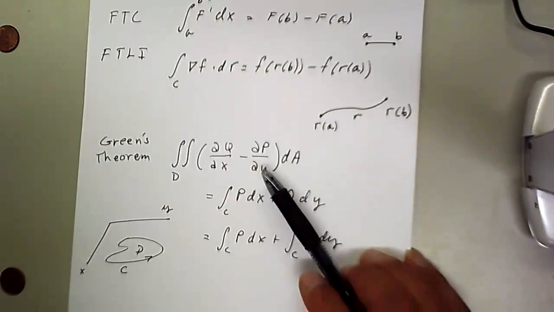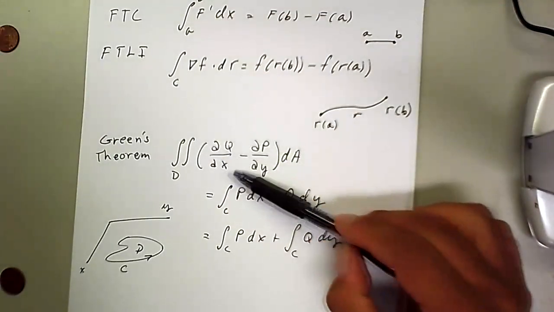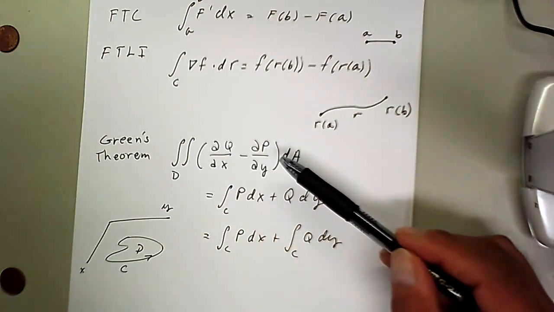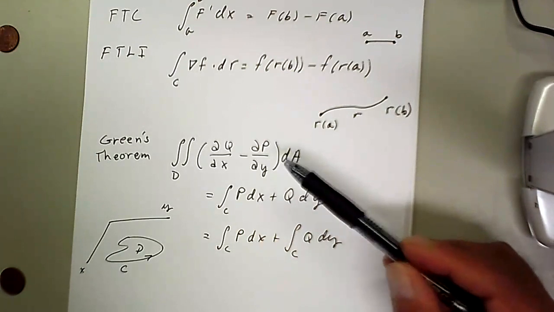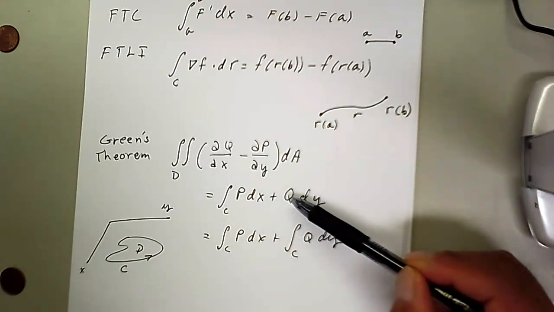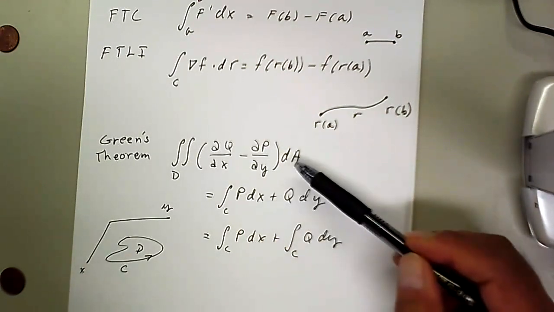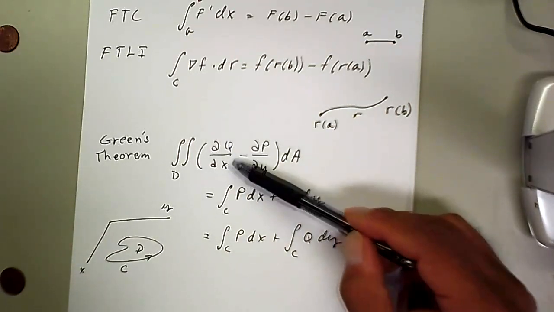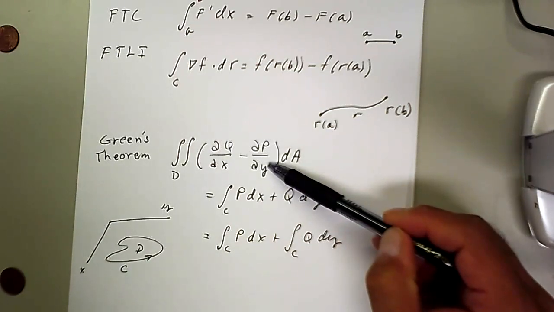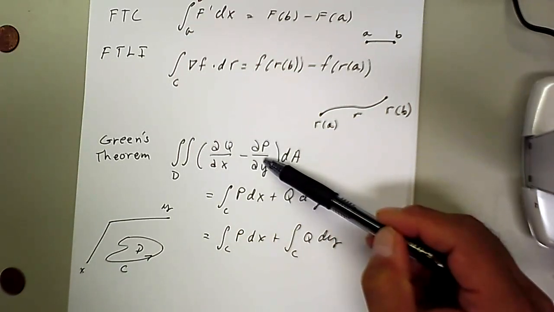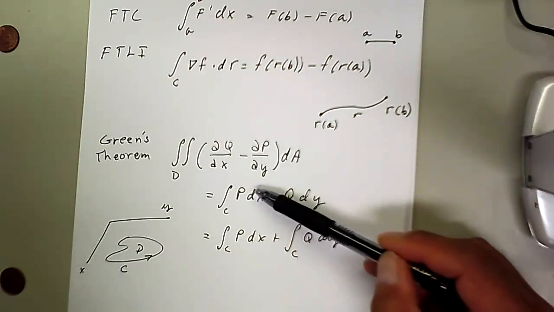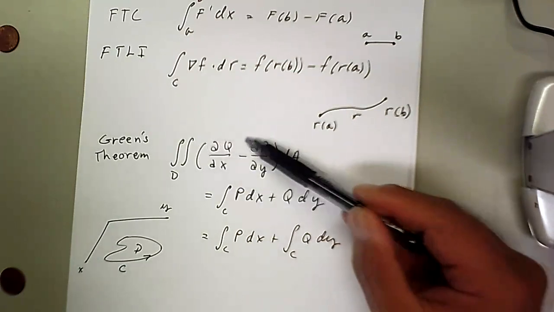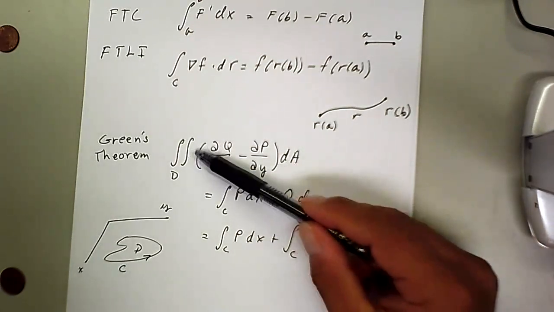Well, similarly, here we have to have something special about this function so that we can use Green's theorem. What is special is that there's got to be two functions, P and Q, so that when you do the partial of Q with respect to X, partial of P with respect to Y, and then subtract in this fashion, you're going to end up with this function that we are double integrating.